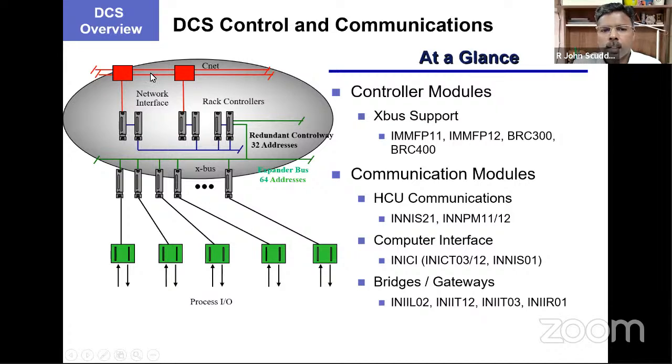Unless the control network interface modules are there, whatever inputs are received and processed are not able to be meaningfully controlled. So this is how controls and communications take place.